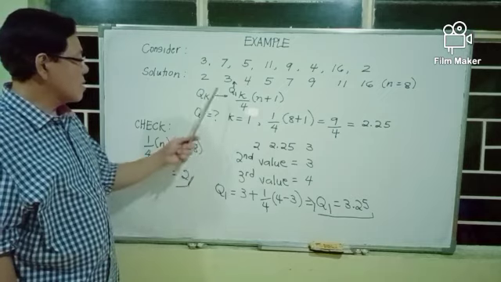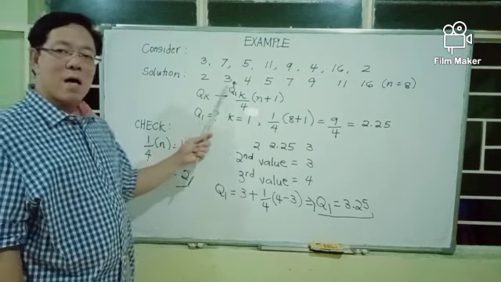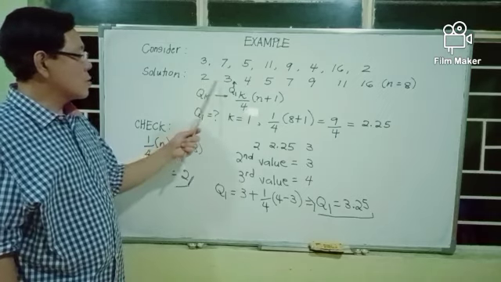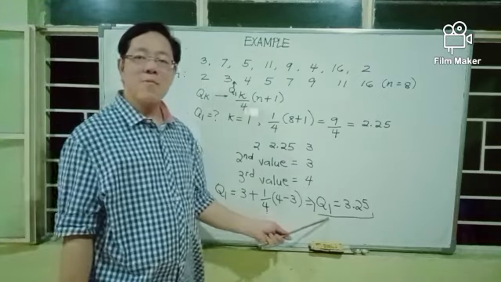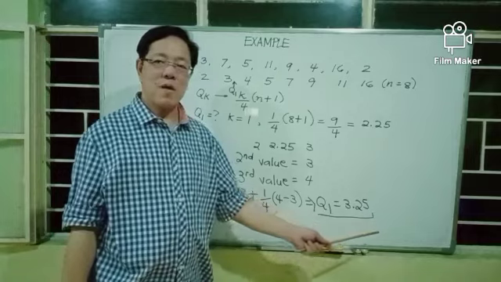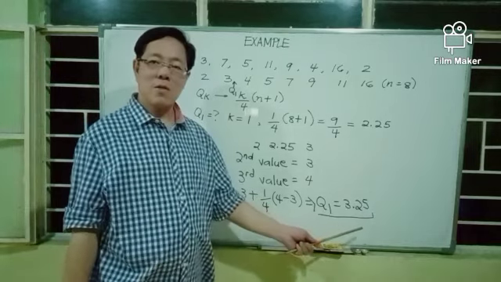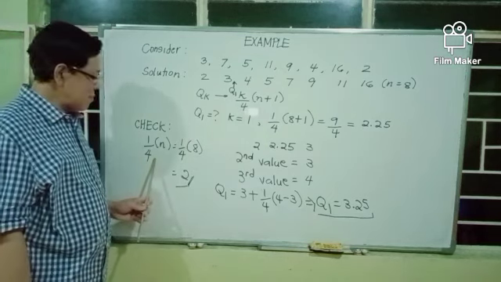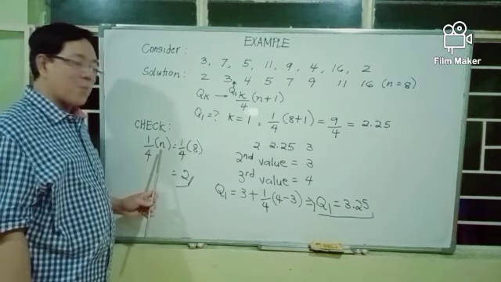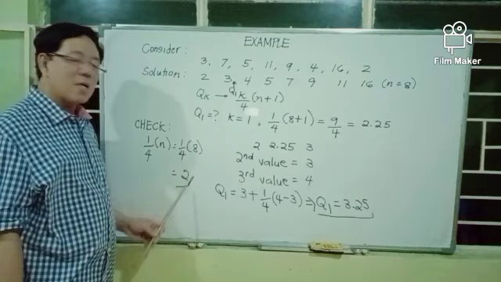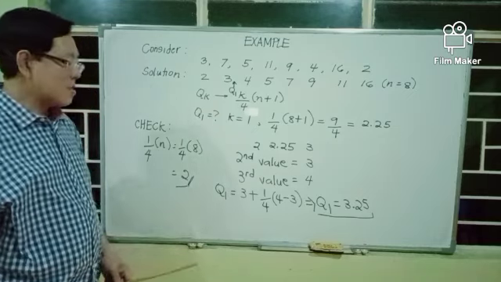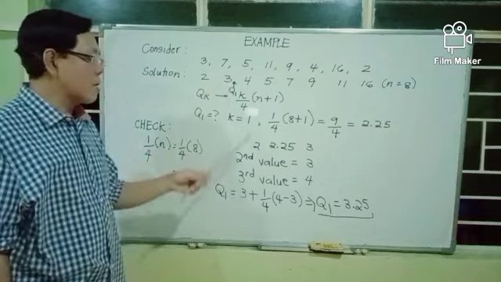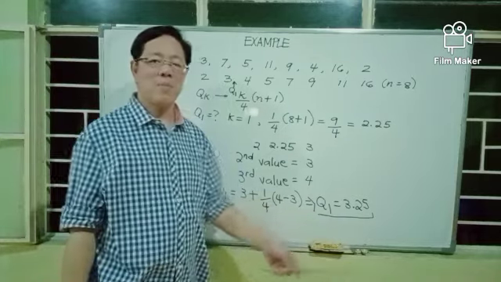And you can see that in this ascending arrangement of values, two values, 2 and 3, are less than the first quartile, 3.25. Therefore, this is correct because this says that one-fourth of the measurements, one-fourth of 8, which is 2, are less than. And you see that there are exactly two values that are less than 3.25.